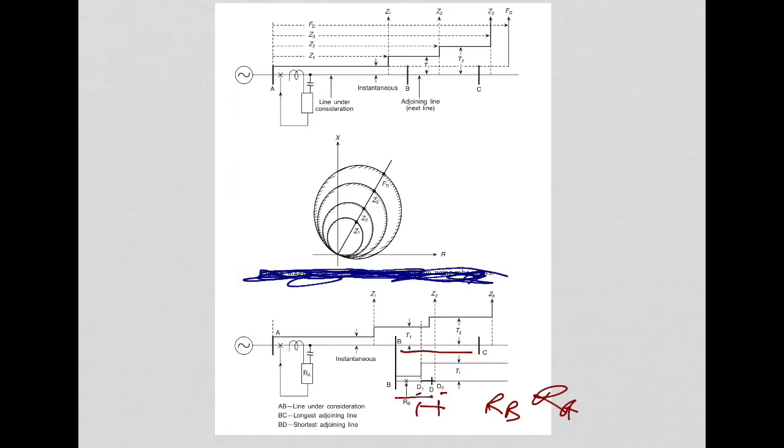Let us suppose that there is a fault in the region between D1 and D2. Now, if we have set the reach for the longest line, in that very case, what happens?